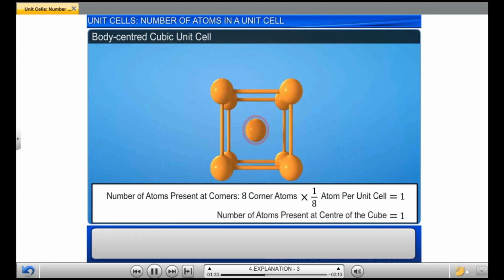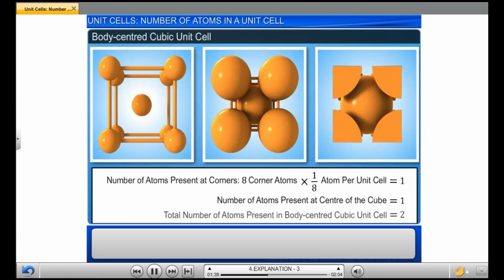There is one atom at the center of the cube. Thus, the total number of atoms in a body-centered cubic unit cell is 2.